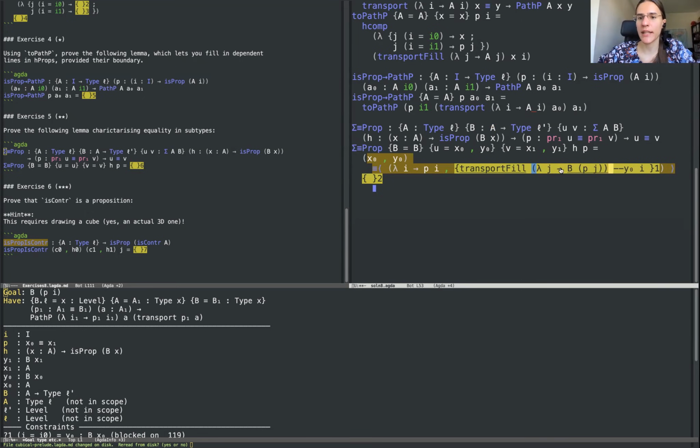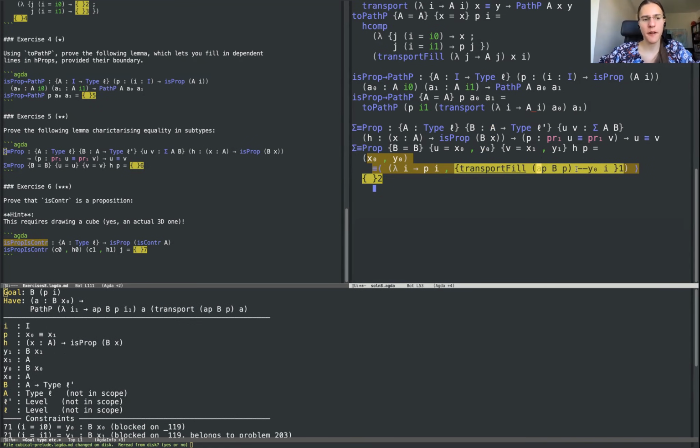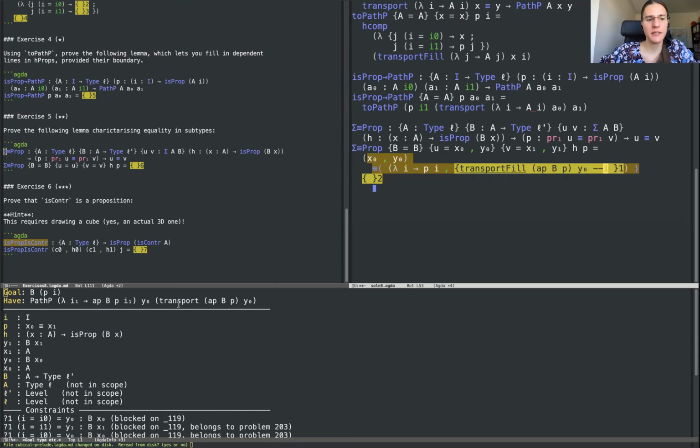Or in other words, I can write this in a different way. If I have my path P, that's an equality between the two of these. So I can write app B of P, right? That's another way to write it. Yeah, perfect. Now I'm going to take the point Y naught, and then I'm going to get a path here.